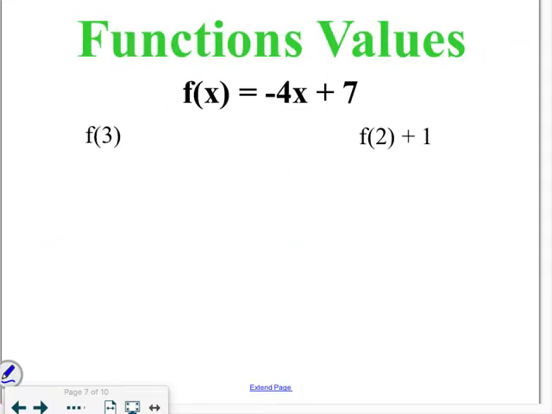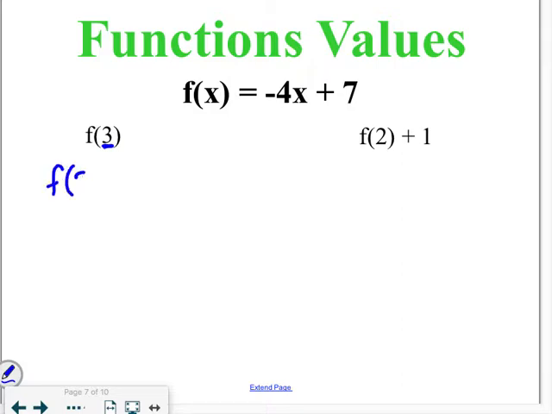The other thing that we are going to do today is calculate function values. This means that we are plugging in a number in the place of x, or in the place of our variable, to solve. So our function is f of x is equal to -4x plus 7. The first thing they want us to solve is f of 3. So what this means is that 3 is getting plugged anywhere we see x in the equation.